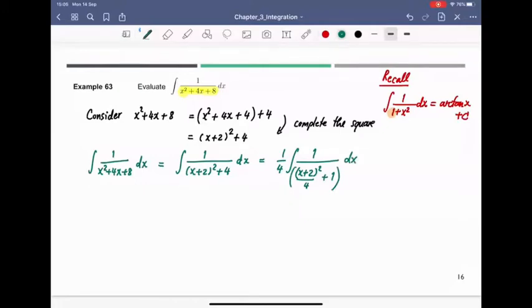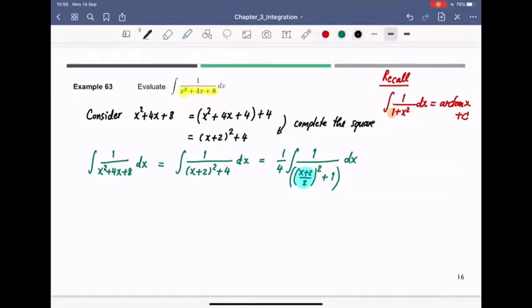And then from x plus 2 squared over 4, I can simplify more. This is going to be x plus 2 over 2, squared. Perfect. So what I have now is 1 over something, which I highlight in light blue, squared plus 1.